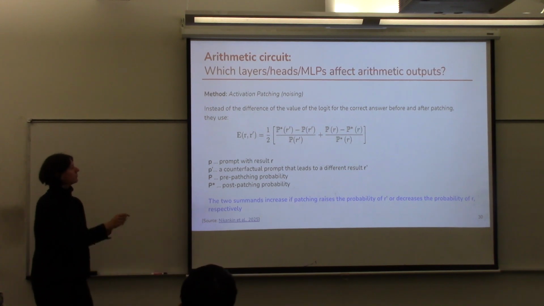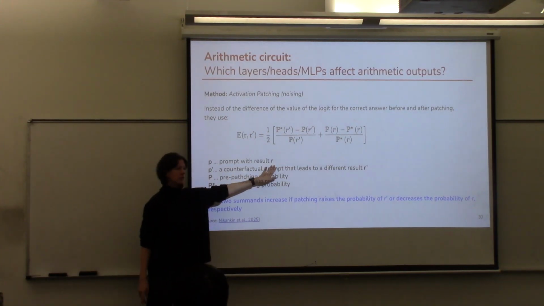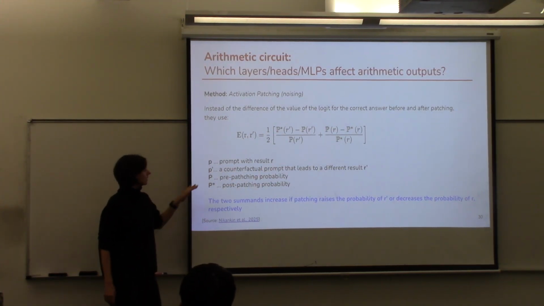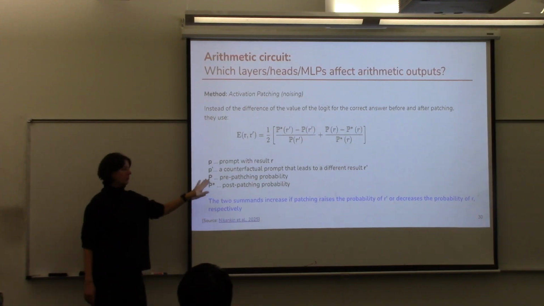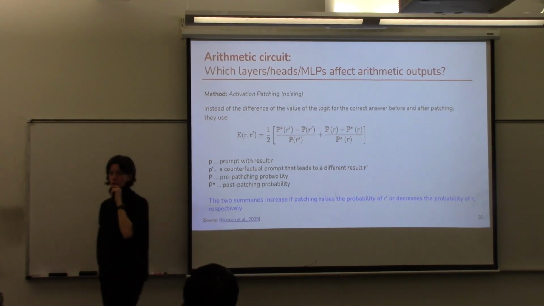In it, they have the clean prompt P with the result R, so just a normal equation and the correct result. We have P prime, some other arithmetic equation, and result R prime. And then we have the probability before patching and the probability P star after patching.